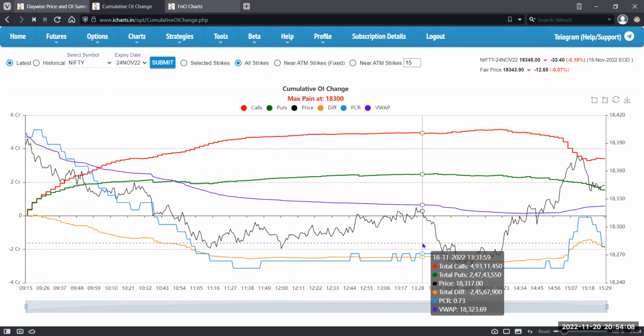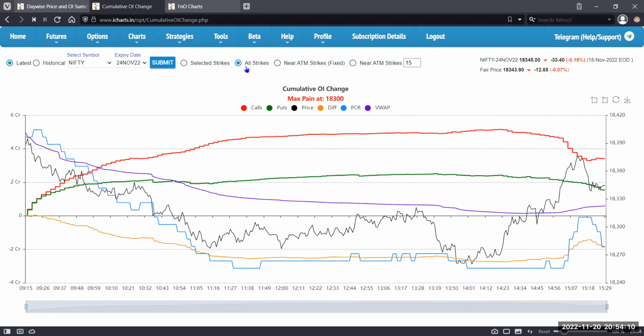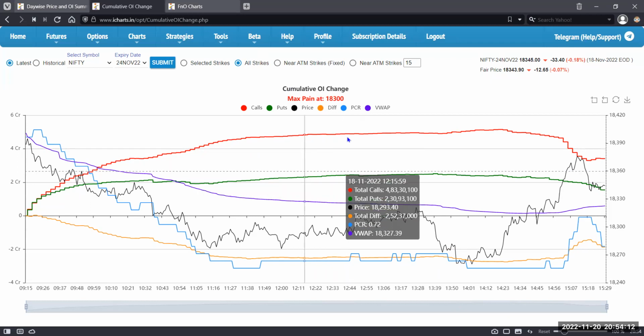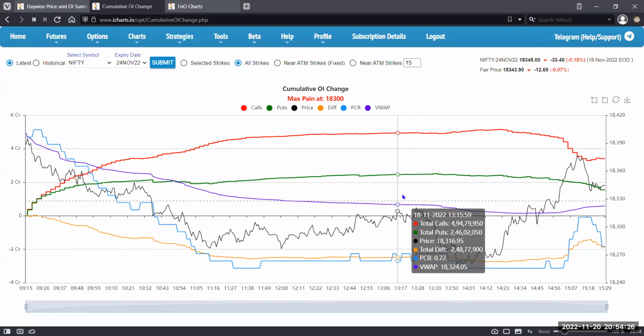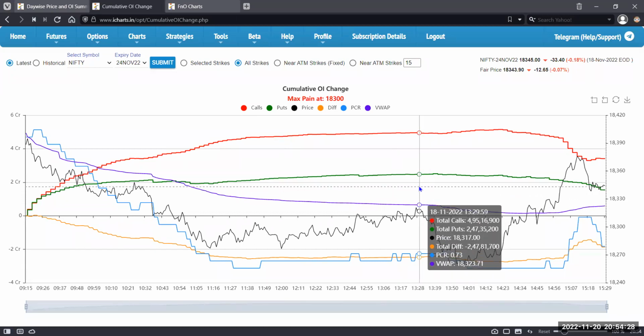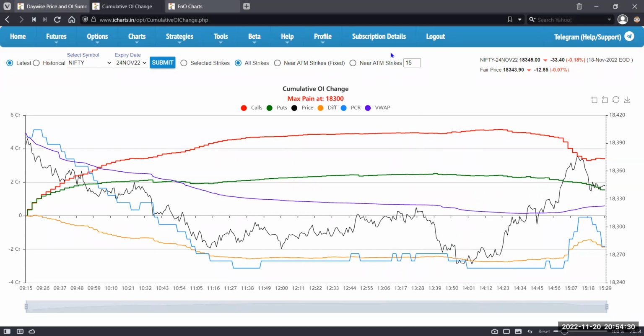That also is there. And also, this is all strikes. So a lot more fine tuning can be done if you're looking at near ATM strikes. This gets a little bit tricky, because whether you select auto adjust or not, it all depends on that, because things change dynamically. So you'll have to experiment a little bit, because then you can get slightly earlier indications.